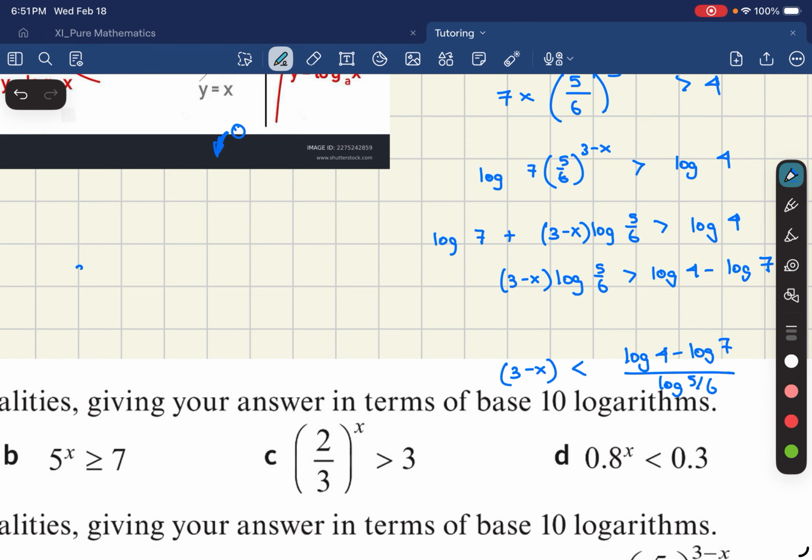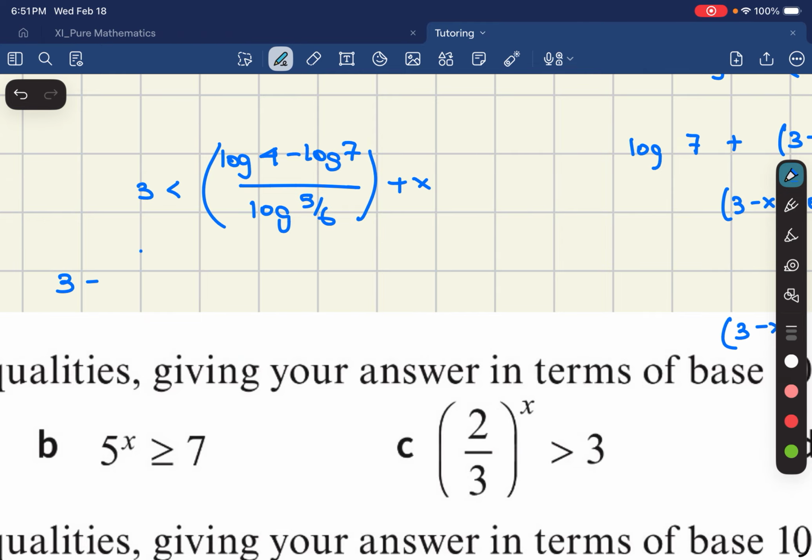If I add x on both sides, I get 3 less than log 4 minus log 7 divided by log 5 over 6, plus x. And now I can subtract this whole thing to solve for x. So I know that 3 minus (log 4 minus log 7) over log 5 over 6 is going to be less than x. So this is my solution.